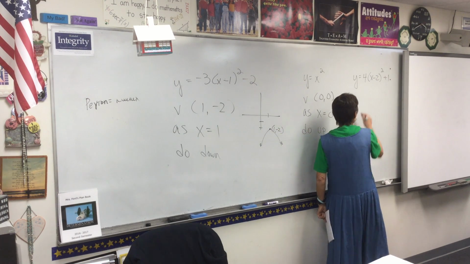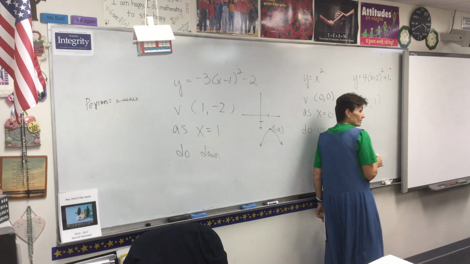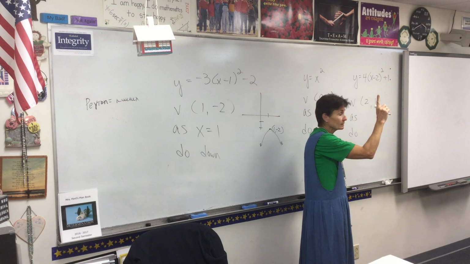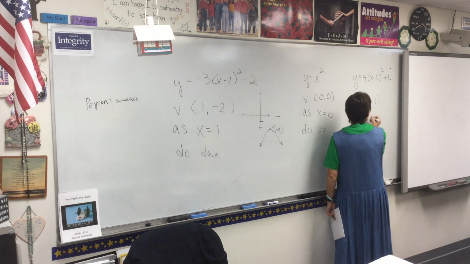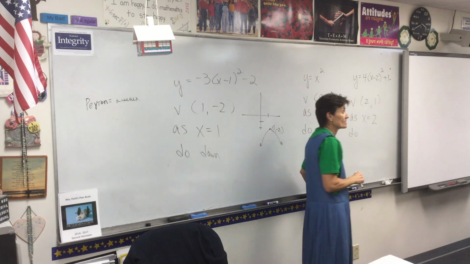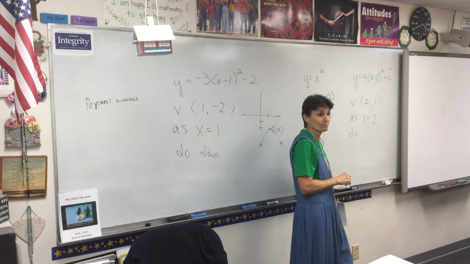He's been moved, so where's his vertex? 2, 1. We go right 2 and up 1, making the axis of symmetry x equals 2. Remember, your axis of symmetry is always x equals the x coordinate of the vertex.